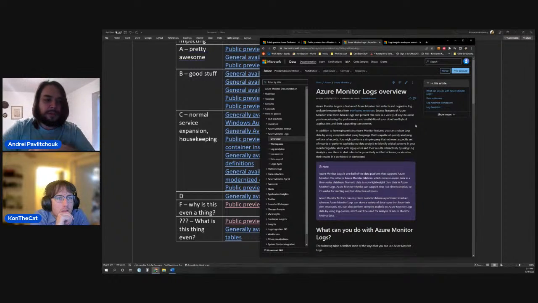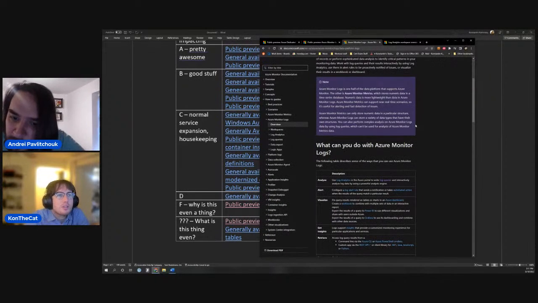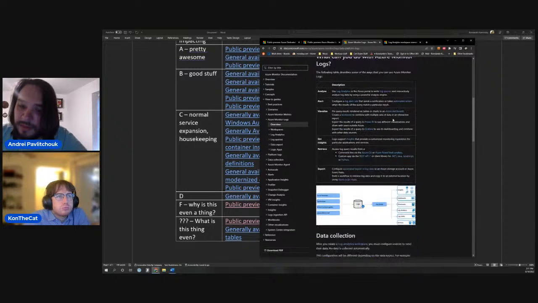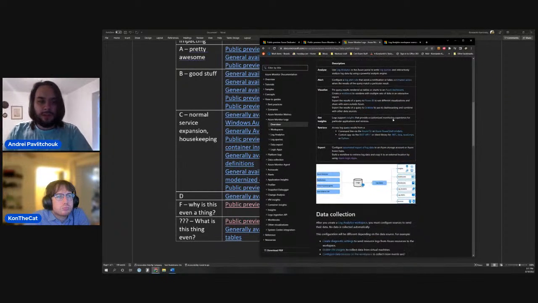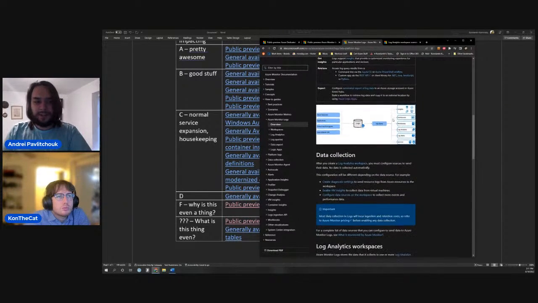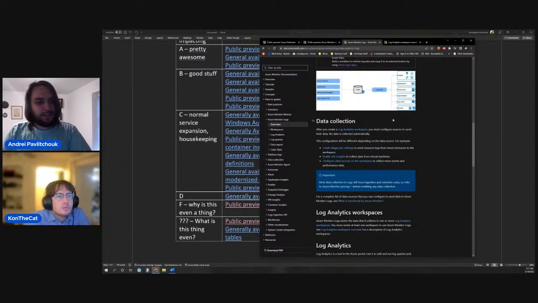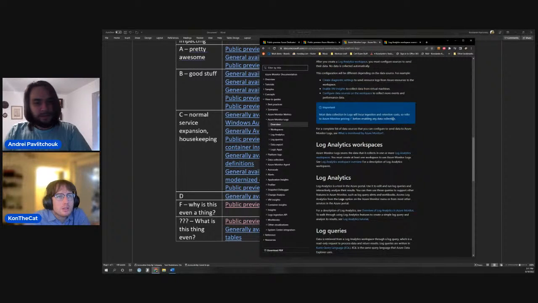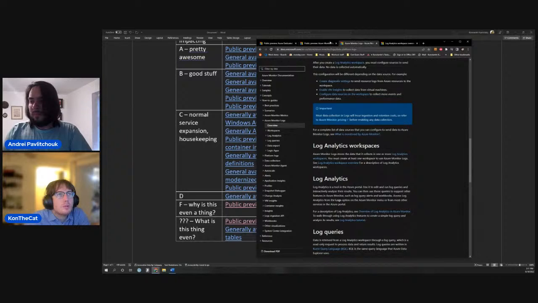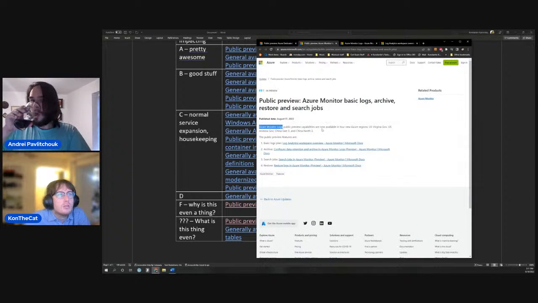I'm pretty sure you can send that to... No, I think the whole point is that you don't have to do log analytics with this. And so the update is that it released in new regions. Yeah, the update is that public preview is now in more regions.